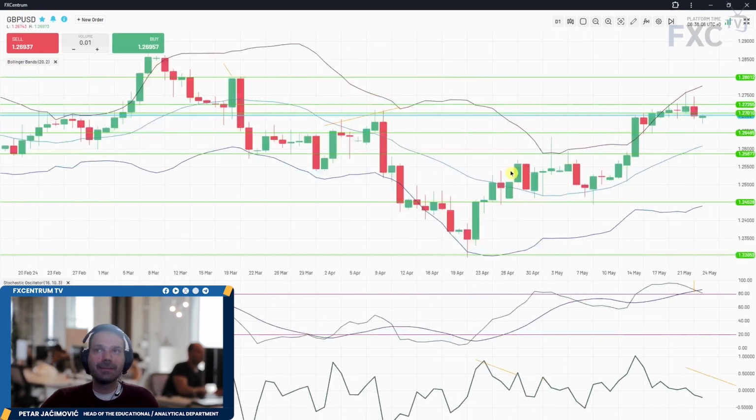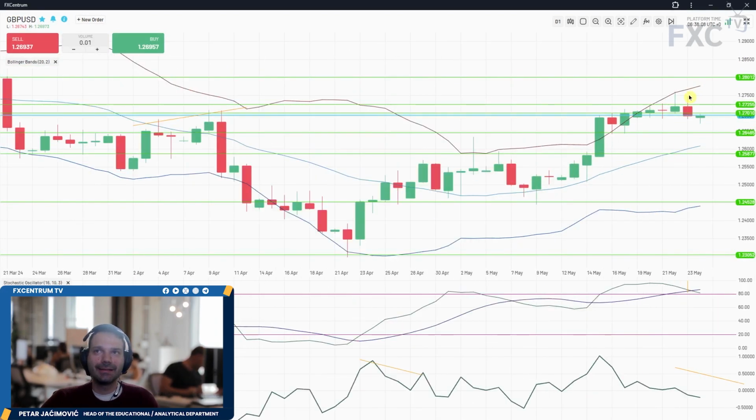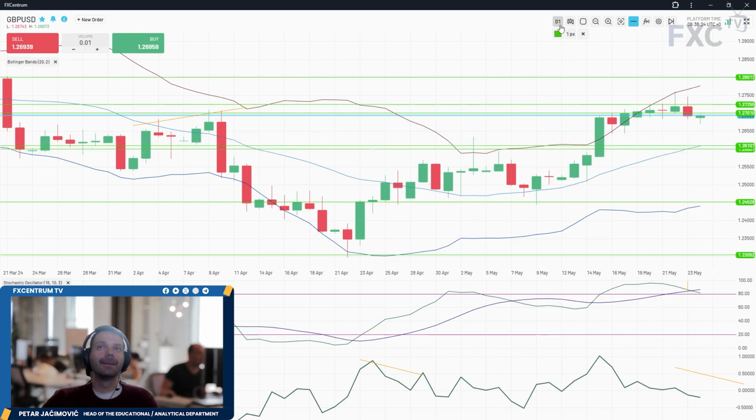So the next market is pound dollar. What we had here is a downside movement, close near the low. We have a fresh bear cross in the stochastic from the overbought or extended environment, and we're breaking this mini consolidation. So there is a chance for the market to trade towards the middle Bollinger Band, 1.2610.